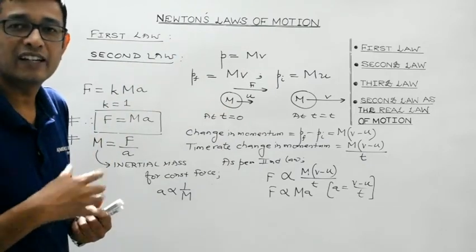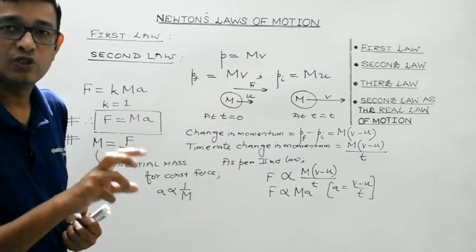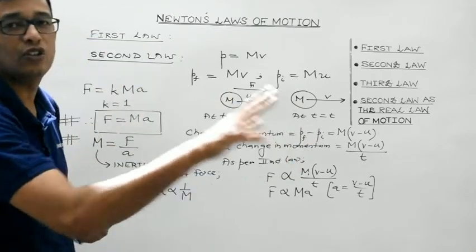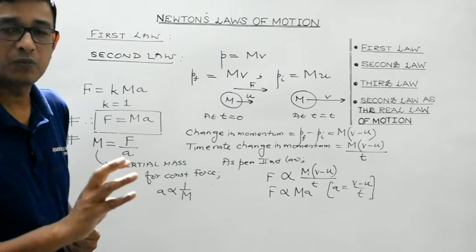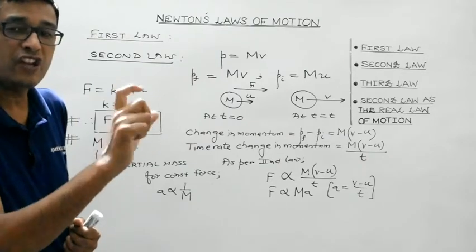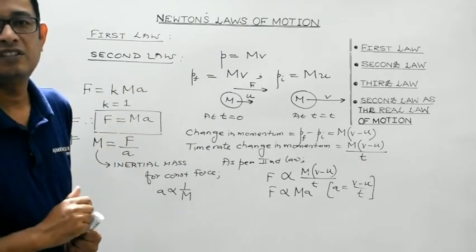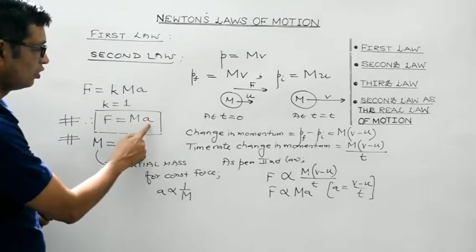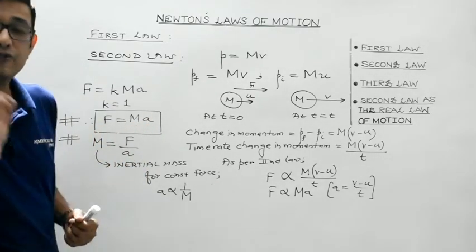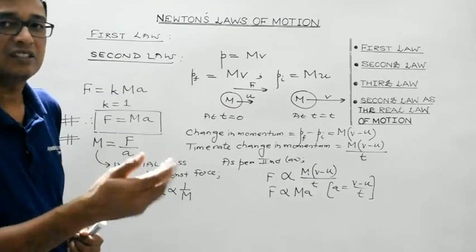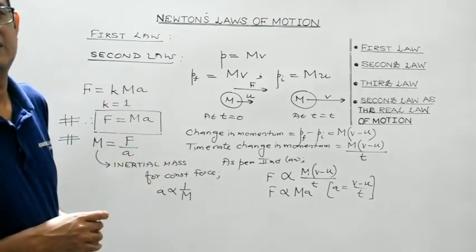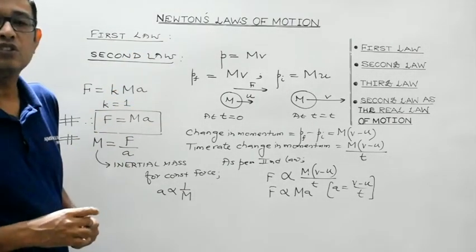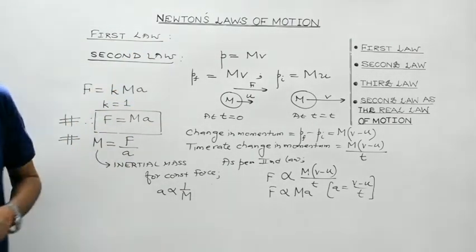So Newton's second law can be used also to determine the force that is being acted on a body by knowing the mass of the body and by noting down the change in the velocity per unit time, which is the acceleration. So if acceleration is known, mass is known, then the force which is acting on the body can also be easily determined. Right, students? So these are the consequences of Newton's second law of motion.